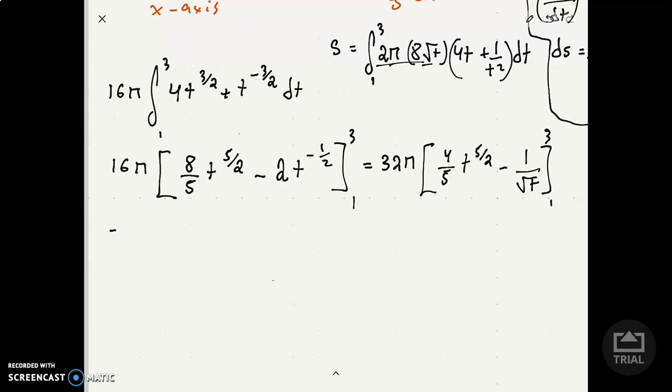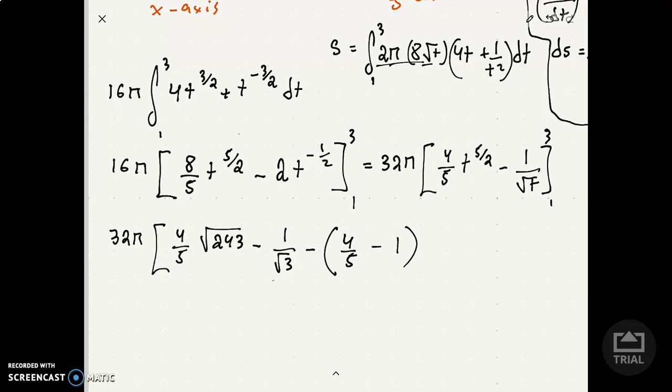Okay, now we just plug in our 3. So 32 pi times 4/5, 3 to the 5/2, well 3 to the 4th is 81, so root 243 for that, and then minus 1 over root 3, and then minus f of a, we'd have 4/5 minus root 1, which is just 1.